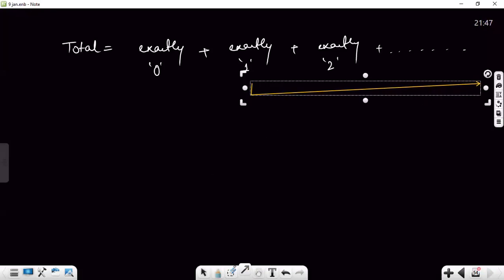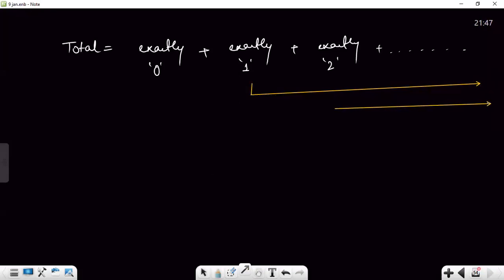When we are discussing at least two, it means two and more than two. And two is also in consideration. So these are the cases of at least one, at least two.